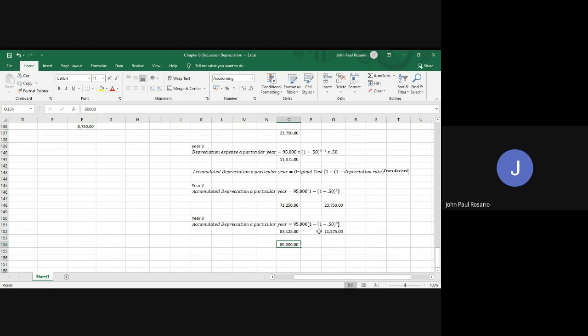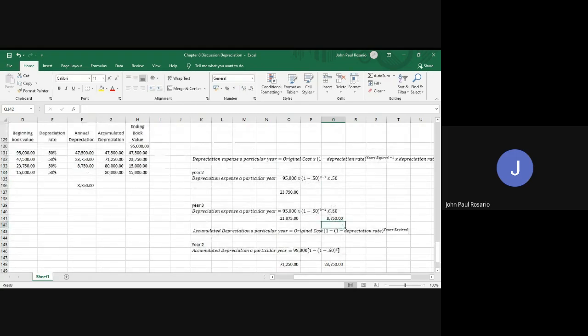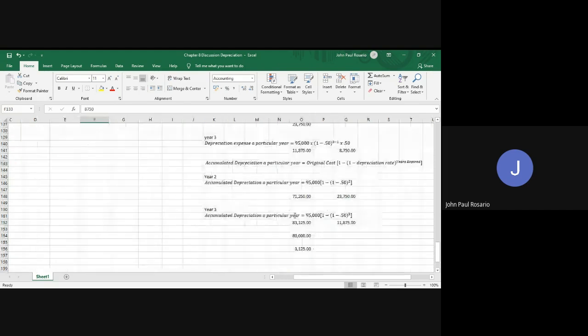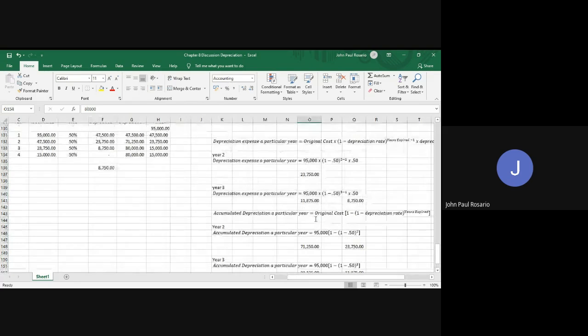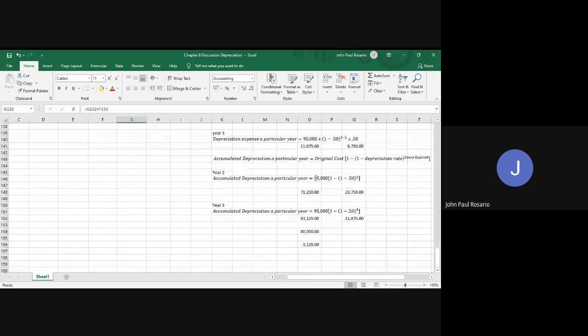And in order for us to have the 80,000 accumulated depreciation, your depreciation expense for year 3 should be adjusted by 3,125, and this is a deduction. So your adjusted depreciation expense for year 3 will be the 11,875 less your adjustment for depreciation. With that, we now have our adjusted depreciation expense of 8,750 and our accumulated depreciation of 80,000.